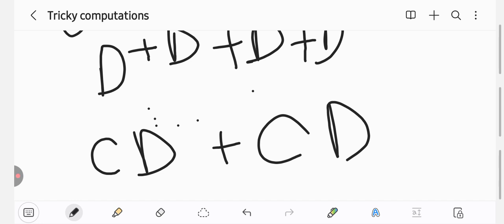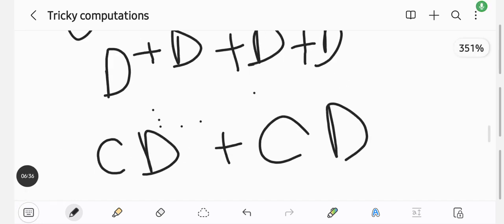Now we cannot add the values of d because c doesn't represent a number. If it was 1d plus 2d, then we could represent it.